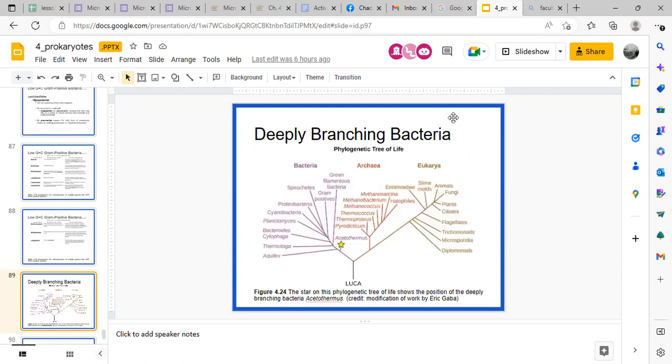Okay, so you see here the different branches. The archaea are not pathologically significant. They do not cause disease known to humans, so we're not going to concentrate on that. We're just going to concentrate on remembering the bacteria.